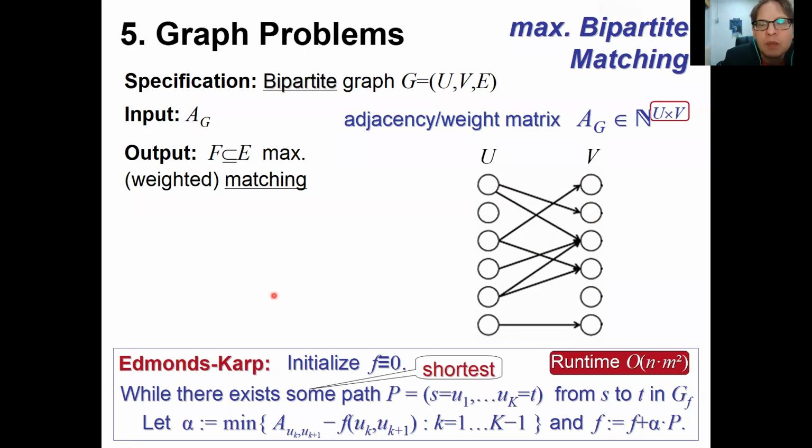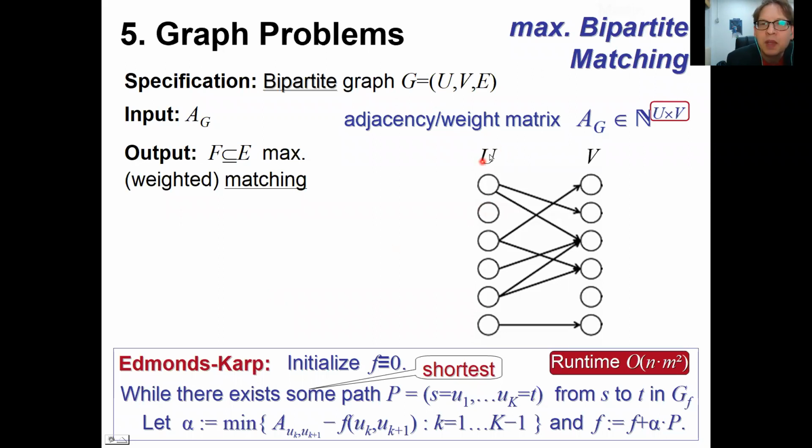where the goal is to find a maximum matching, that is a largest subset of the edges that do not share any source nor any target vertex. The terminology comes from matchmaking, which is a very classical thing.